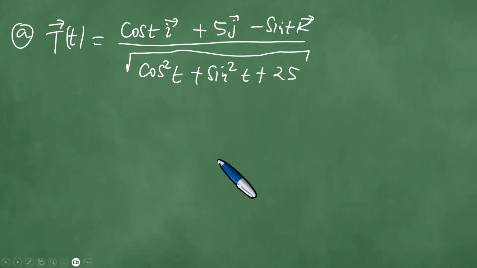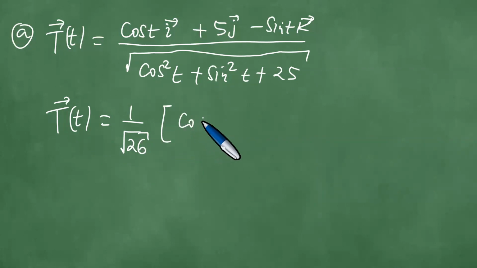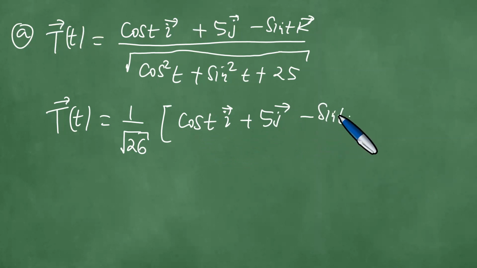And what is the meaning of this? Now cosine squared plus sine squared is 1, so that you have 1 plus 25, which therefore becomes the square root of 26, into cosine t i plus 5j minus the sine of t k.